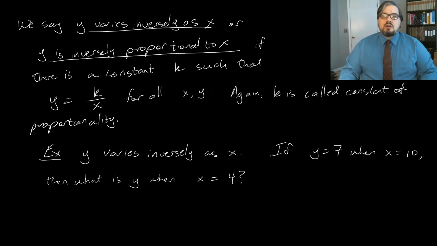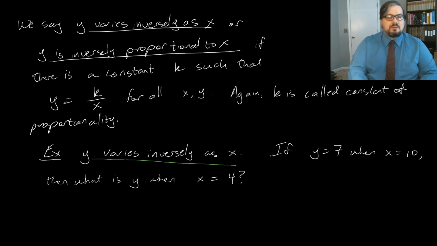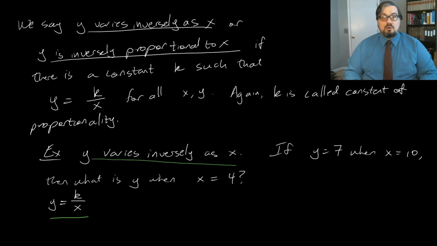So there are two steps to this problem that we can take. So first, y varies inversely as x. We want to translate that into the corresponding equation. That equation always means that y is equal to k over x.